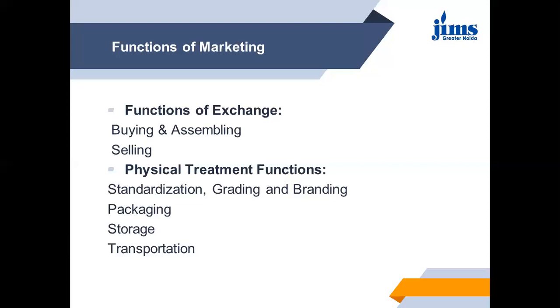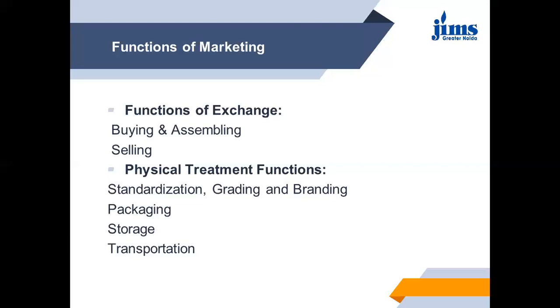So medium quality will be grade B, topmost quality will be grade A, and the lowest possible quality is grade C. Or grading can be on the basis of color, or on the basis of ingredients. When standardization is done, on the basis of that, the groups of commodities are made and put under certain grade categories, and this process is called grading.